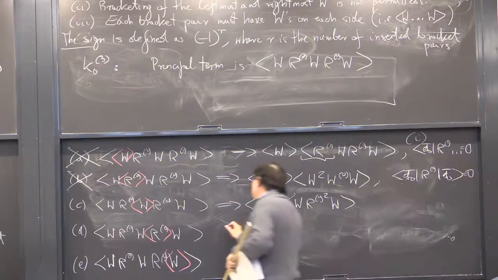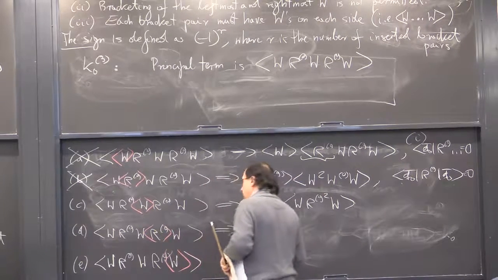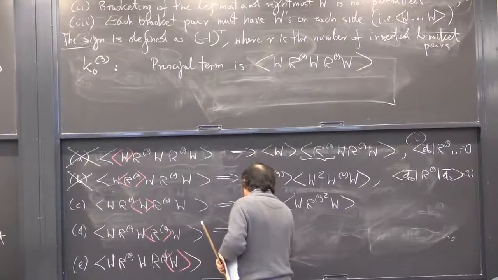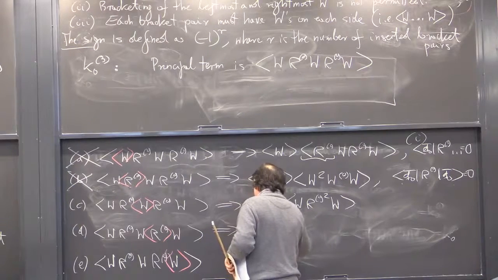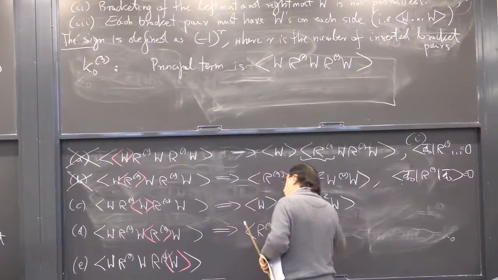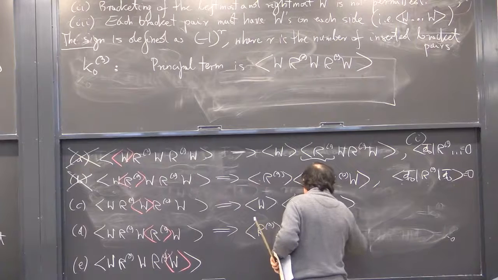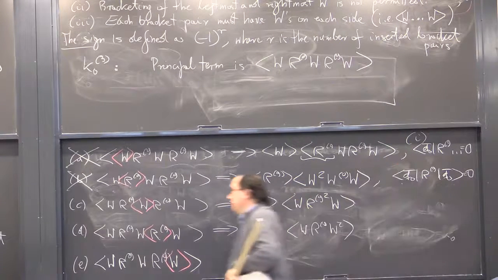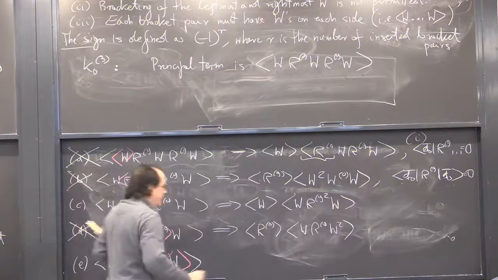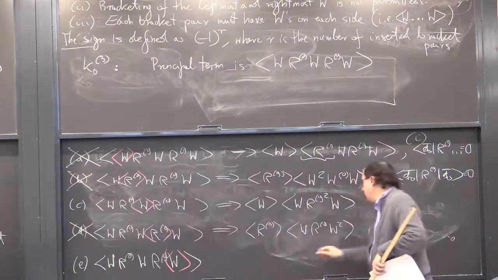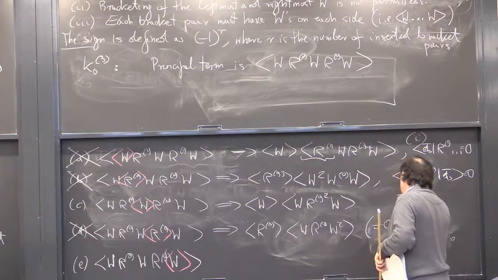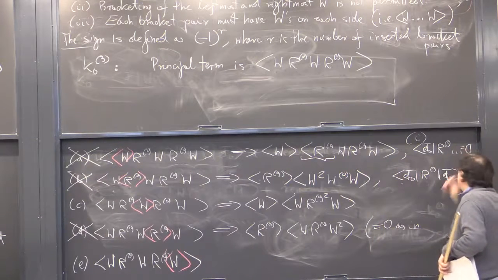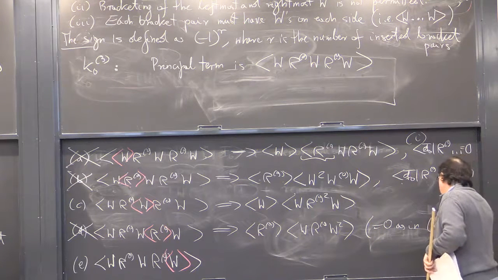And the next two are analogs of A and B. So the next one, for example, would be an expectation value of R0 times W, R0, W squared. And then, of course, it's not good because, again, we have an expectation value of R0. So this is 0 as in point B, right?